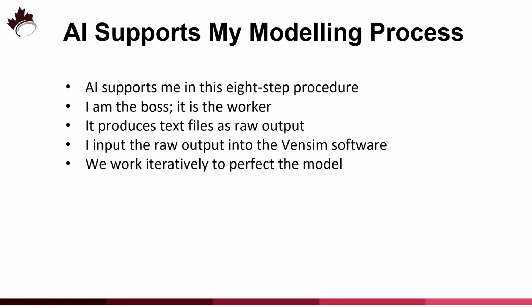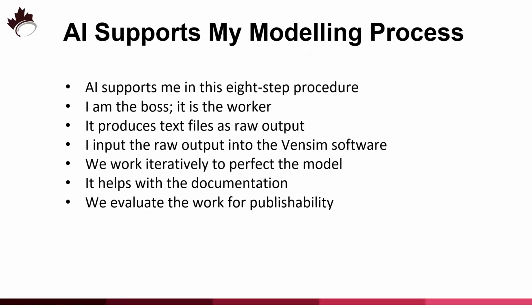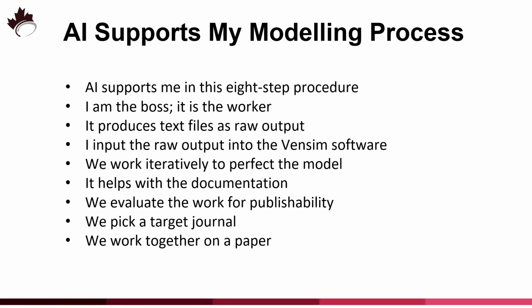Then we work together iteratively to perfect the model, because generally the model that AI produces is not perfect, and we have to make corrections to get it perfected, and that can take time. Once it's perfected, it can help me document the model, and then we can evaluate the documentation for publishability, pick a target journal, and work together on a paper. But I remain responsible for the final product.